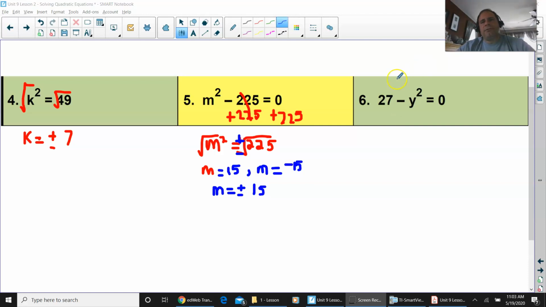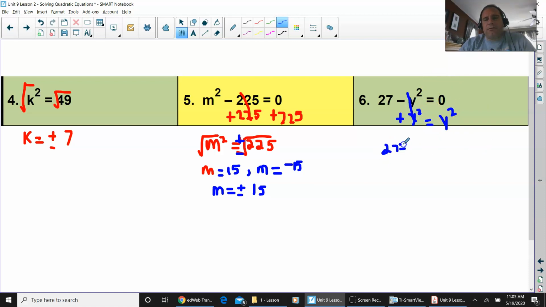So the way I would do this, I wouldn't even try to move this 27 over. When I was saying before, I would just move this y squared over. It just makes things easier because then the y squared is by itself on that right hand side of the equal sign. So it makes it easier, and also it creates a positive y squared. So you have 27 equals y squared.